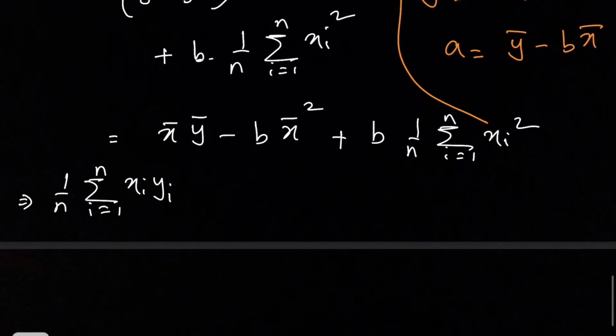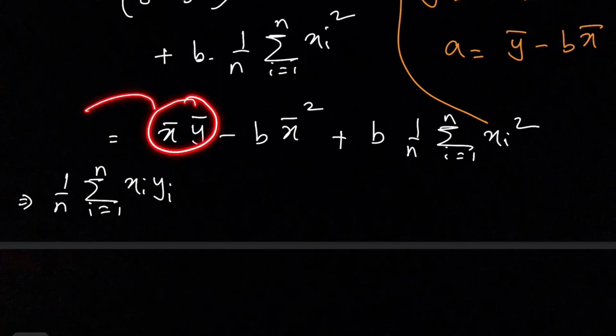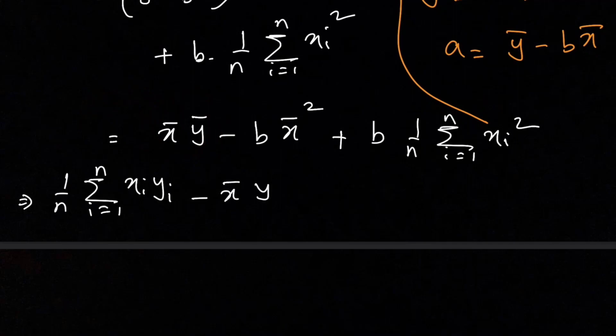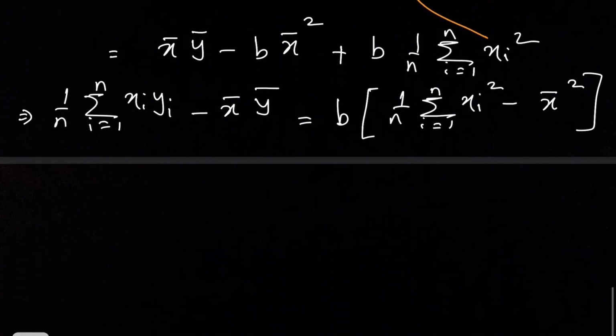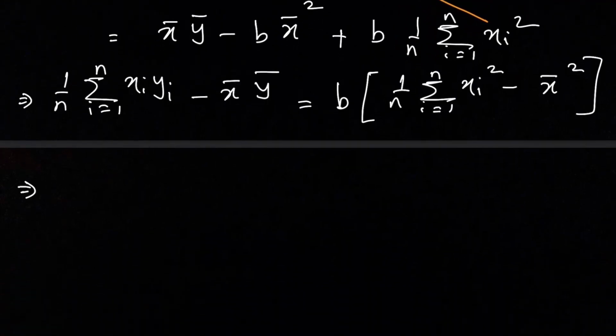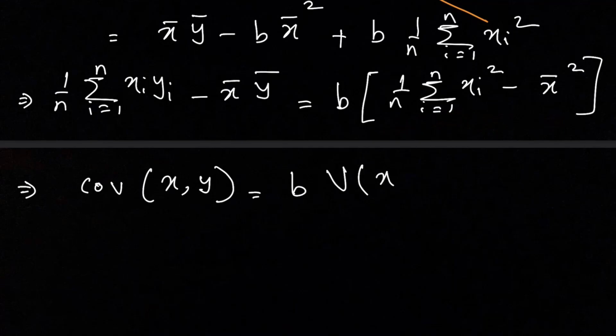I hope you guys are able to know where this is going. So taking this term to the left hand side, we'll get minus x bar y bar, and rearranging towards the right, it becomes b times 1 by n summation i equals 1 to n xi squared minus x bar squared, which is nothing but, this implies covariance of x comma y is equal to b times the variance of xi, so V of x.